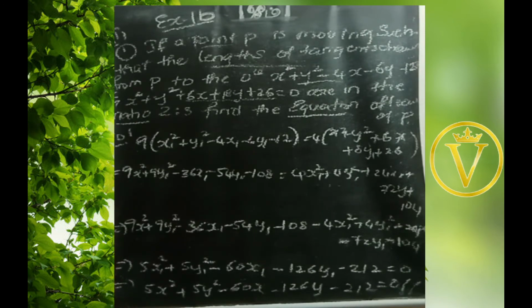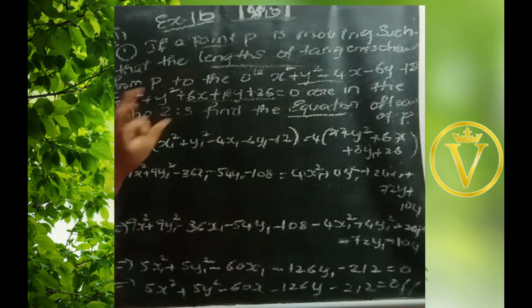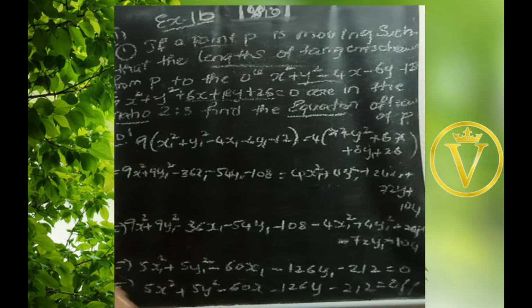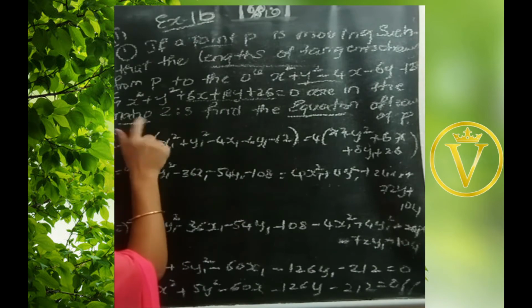Very simple. See here, first we have to represent a point either x1, y1 or x and y. Now the given question is the length of the tangent from the point P to the circles. So they have given two circles and the ratio. First we have to assume the lengths of the tangents as PT1 and PT2, and apply the condition for the ratio.